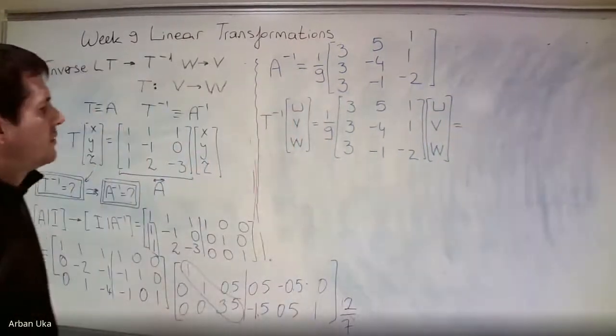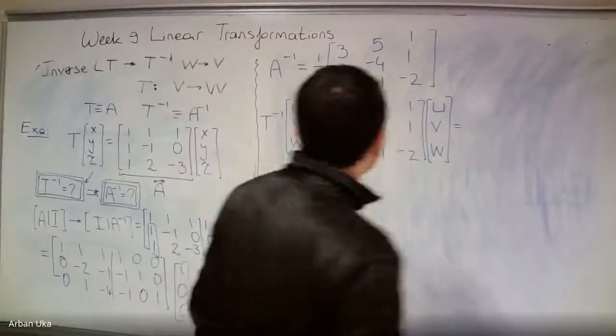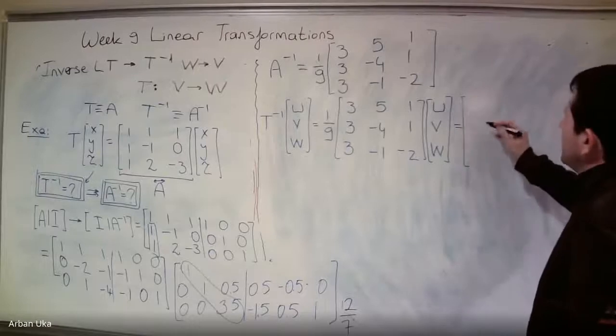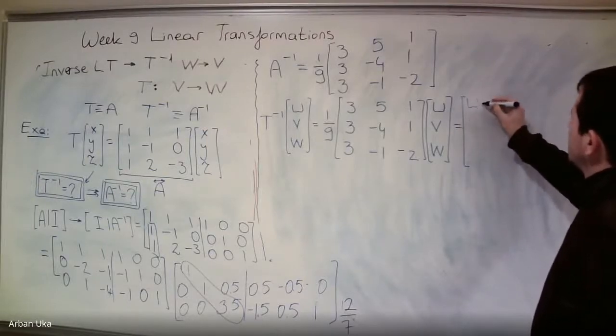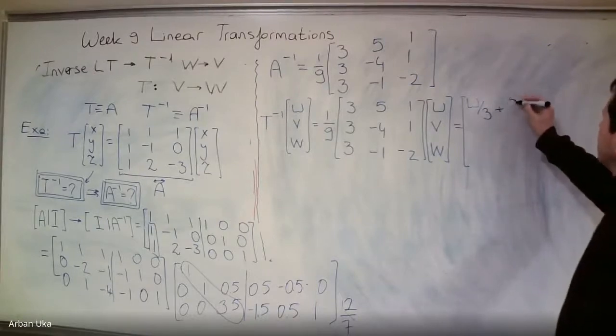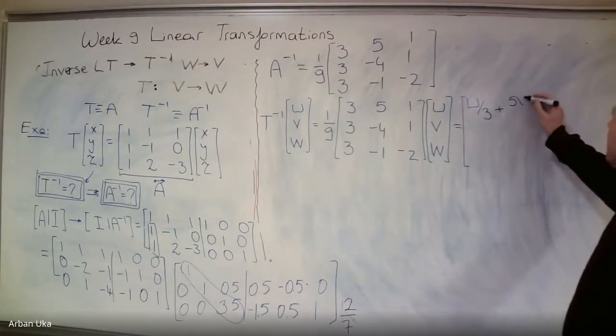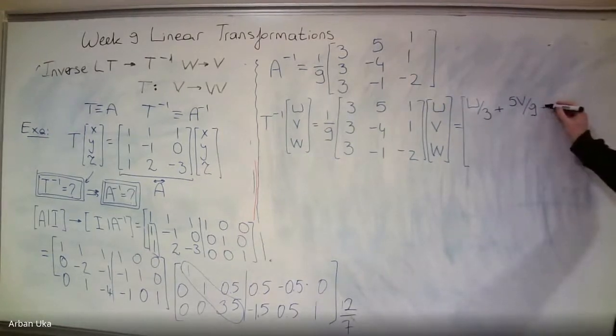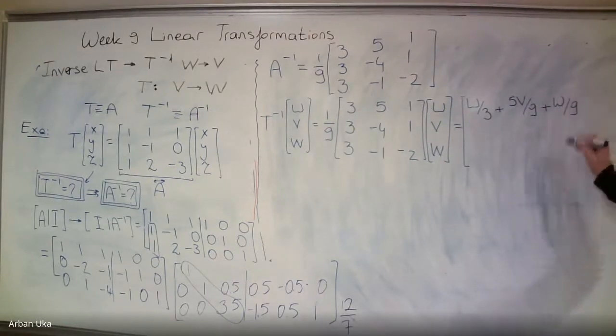This will all be equal to, this is u over 3 plus 5v over 9 plus w over 9.